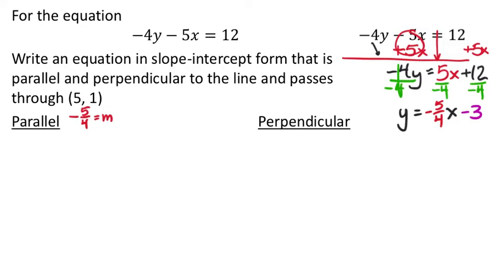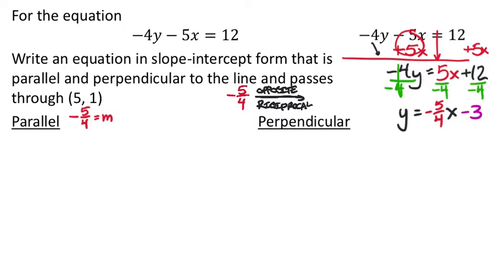For the perpendicular line, though, I have to take that slope, negative 5/4, and change it into its opposite reciprocal. So I'm showing the original negative 5/4.